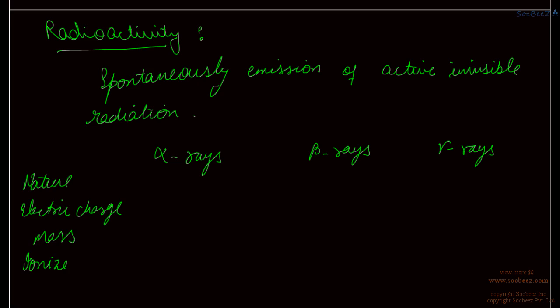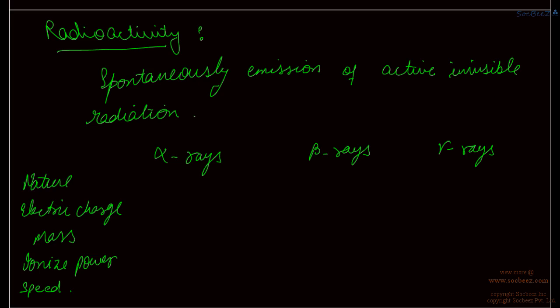The other properties are not so important, but it is still advised that you go through other properties like relative penetrating power, speed, or the action on ZnS and photographic plates, because anything can be asked. Anyways, we'll discuss speed as well.